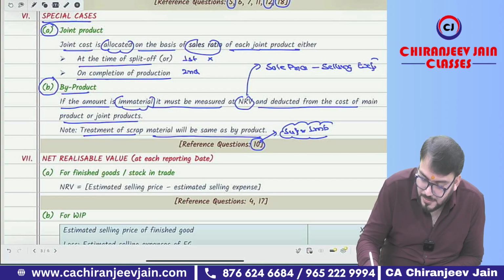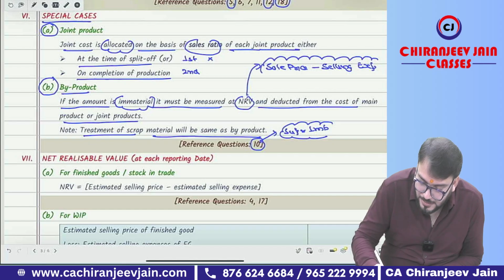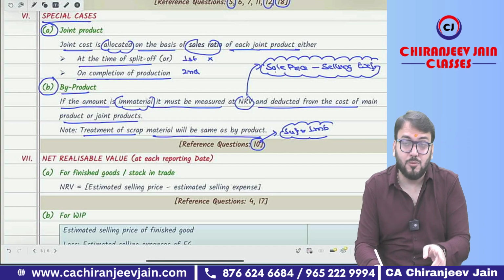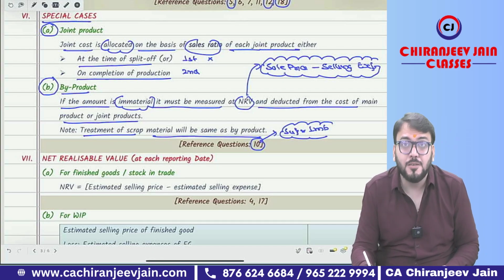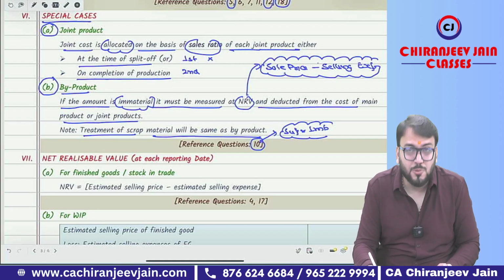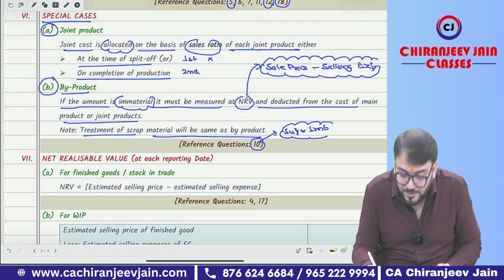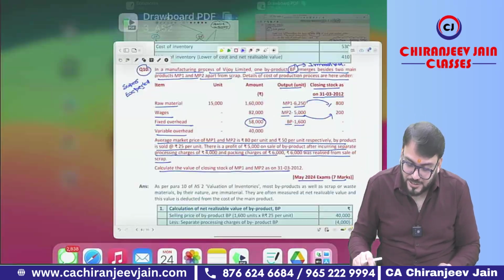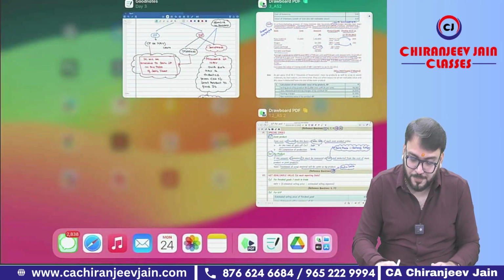That is NRV. So the sale price of byproduct is given in the question, and there are some expenses given to make such sale that become selling expense. If you find the difference between these two, that will be net realizable value. Can we take this question now? Yes, sir. So coming to question number 10.